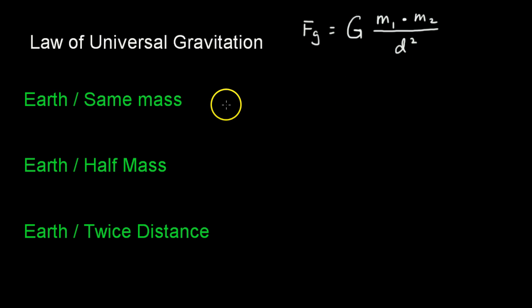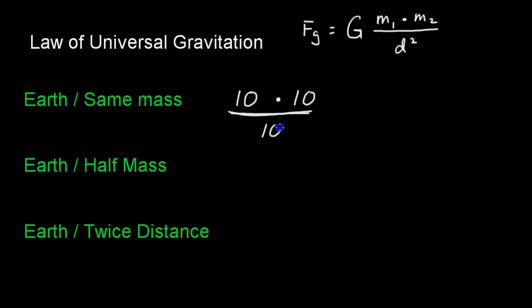And just to give you an example of the importance of distance and not just mass, let's say we have the Earth, and we'll just give the Earth's mass a really easy number. We'll just call it 10. We're not worried about kilograms, whatever it is. And we have another planet that has the exact same mass, okay? And we're going to give it a really easy distance because we need the math to be easy here.